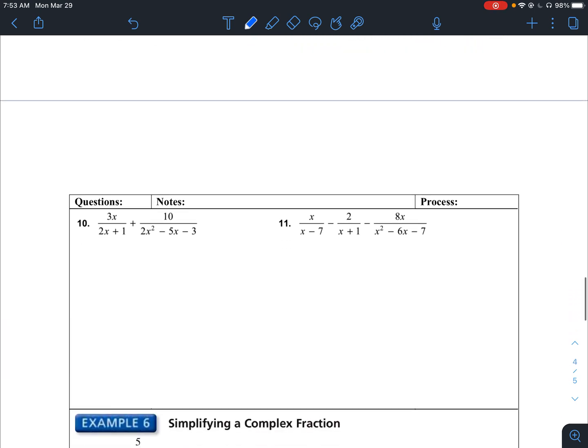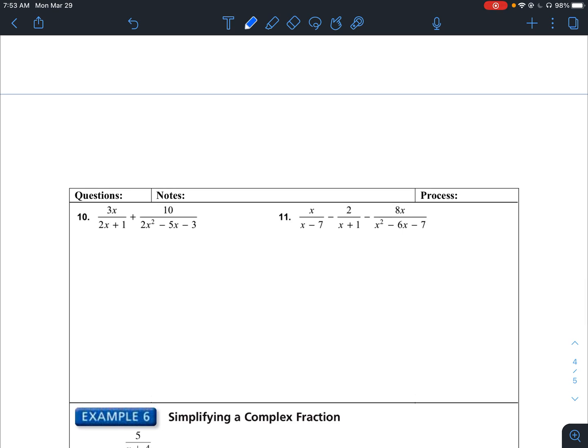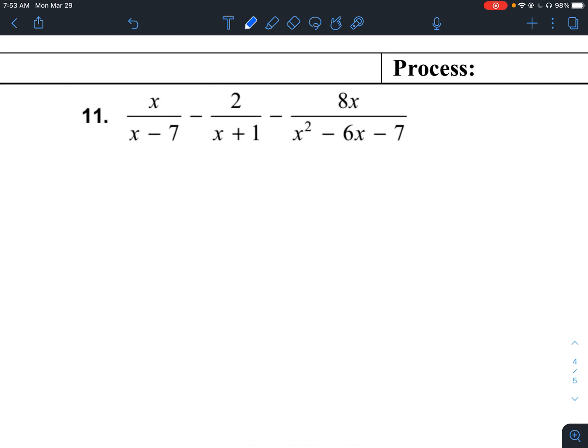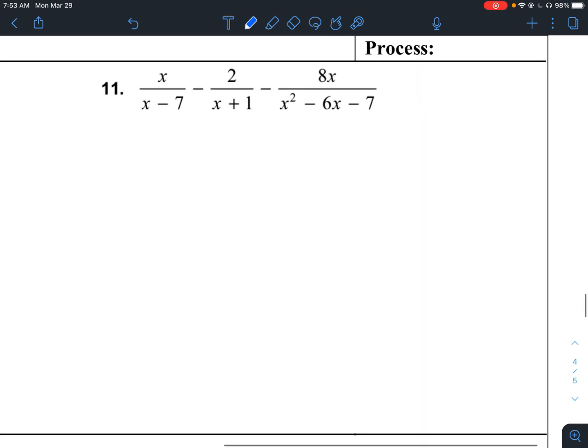I guess one that I would want to go over with you would be number 11, because you see that we have 3 terms right here. Now these first 2 terms are already factored, but let's see if I can factor this one right here.